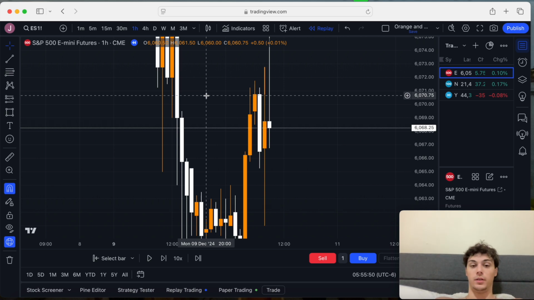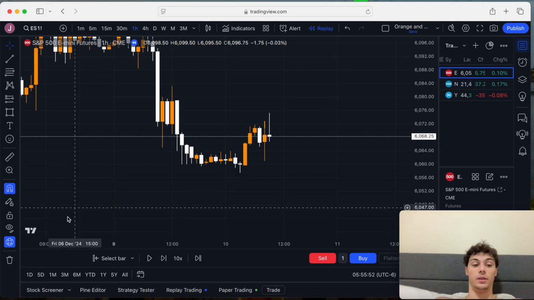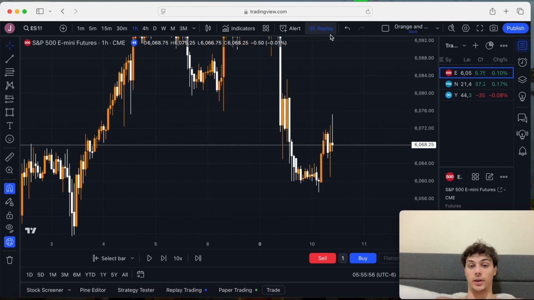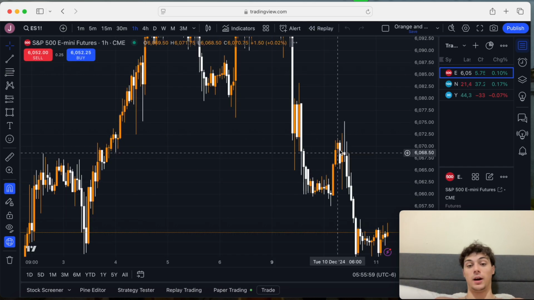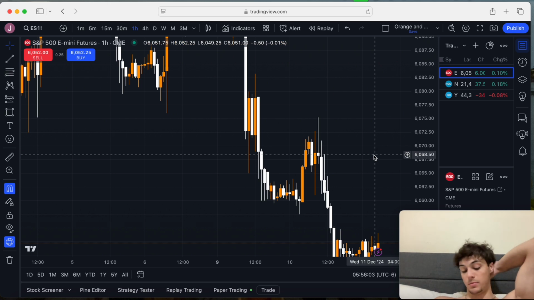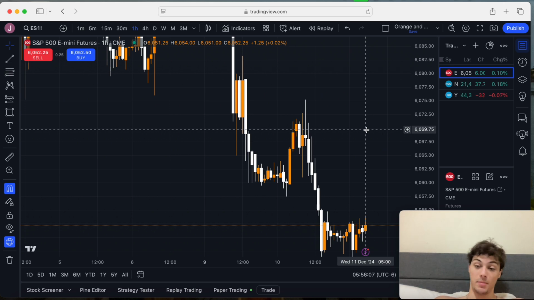No matter what, if it doesn't match your bias, it doesn't matter to you. And you can do this on any time frame you would like. I personally do it on the 5 minute time frame every single time because it keeps me only looking at the 5 minute and not looking at the minute or the 15 minute or the hourly.